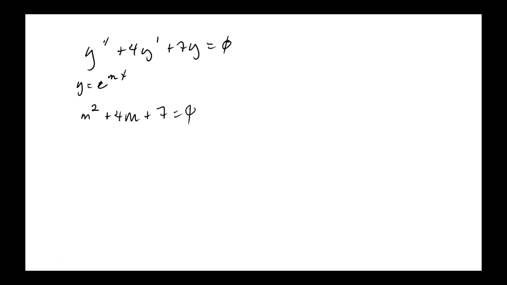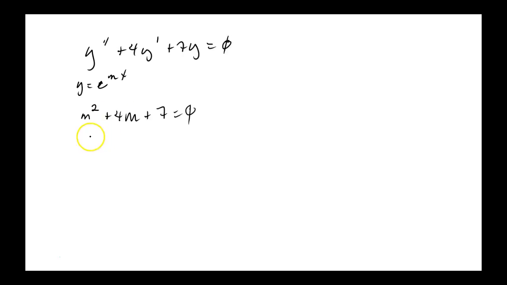Okay, and since e to the mx doesn't equal 0, we're going to want to factor. Can we? No. 7 is a prime number. If it was a 6, we might be in luck, or an 8, but no such luck. So we get to use the old quadratic formula.